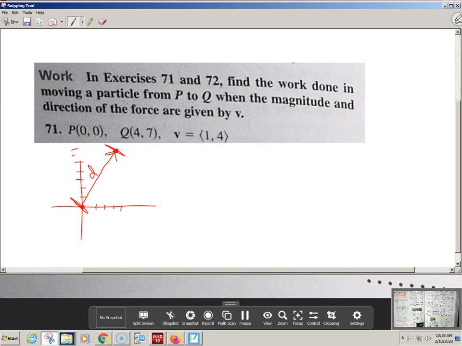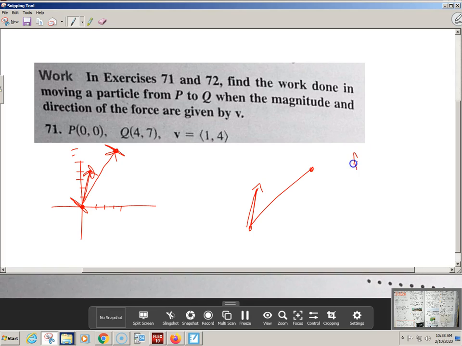And then the force that's being exerted on it has 1, 4, 1, 2, 3. Well, I can still draw it. Okay, so long story short, I basically have this to this, and then a force being exerted that's kind of like this. And they're saying, okay, figure out the work done.